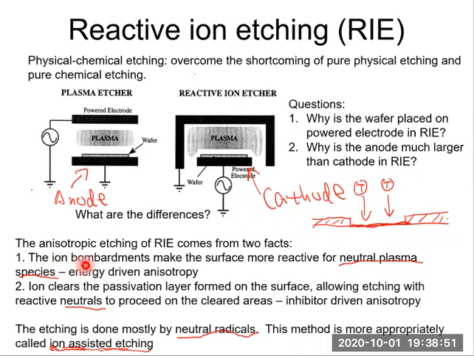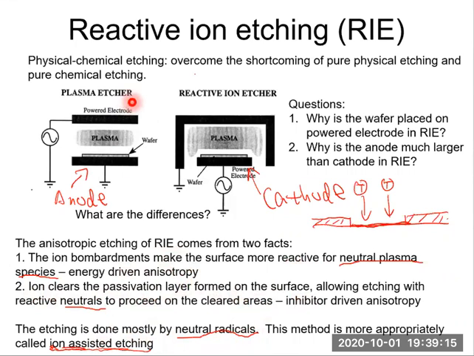First, the ion bombardment makes the surface more reactive. Second, ions can clear the passivation layer formed on the surface. But etching is mainly done by neutral radicals.